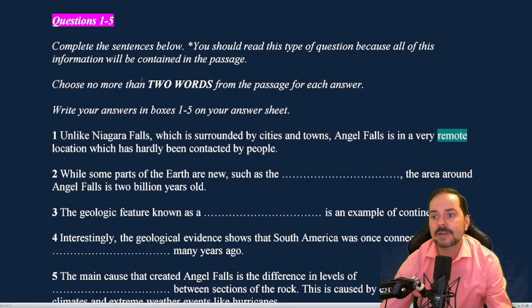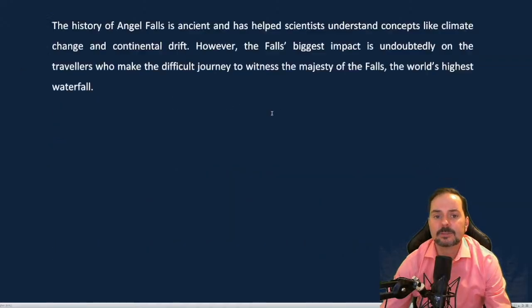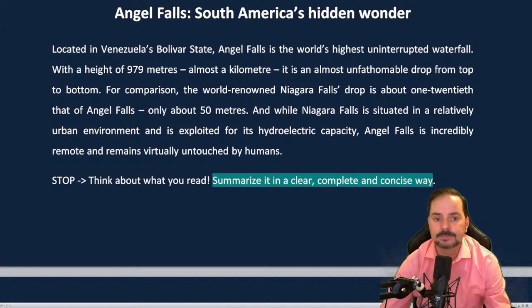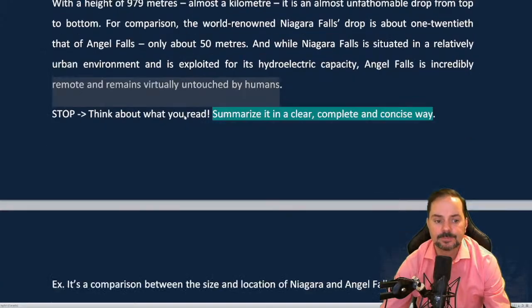And if I have to check, I know that it's at the beginning of the passage, but desolate would work here as well, as I just explained. So here's the information. While Niagara Falls is situated in a relatively urban environment, Angel Falls is incredibly remote and remains virtually untouched by humans.